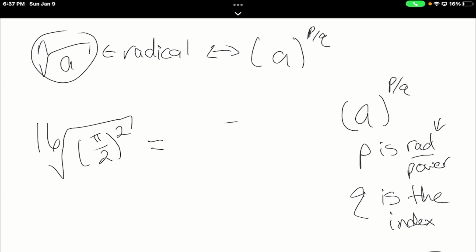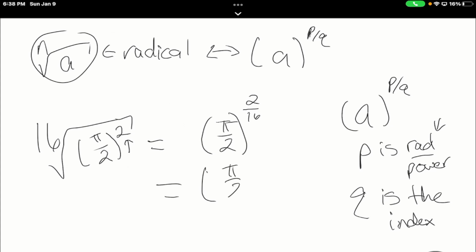So I'm going to put my parentheses down. I'm going to copy what's inside, which is pi over 2. The numerator of my fraction is going to be the power on the radicand, right? The rad's power is the numerator, it's on top, so that's 2. And the bottom is going to be 16. Whenever you have something like this, we will need to simplify it a little further.